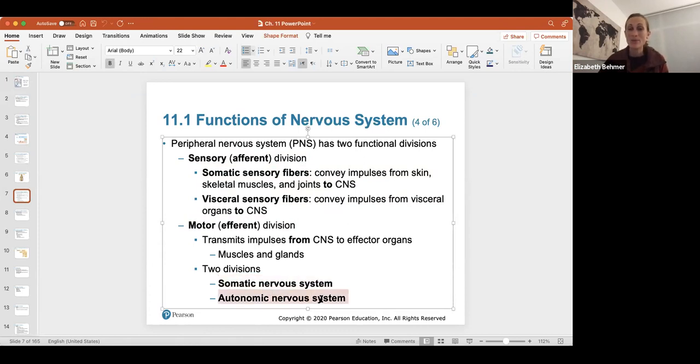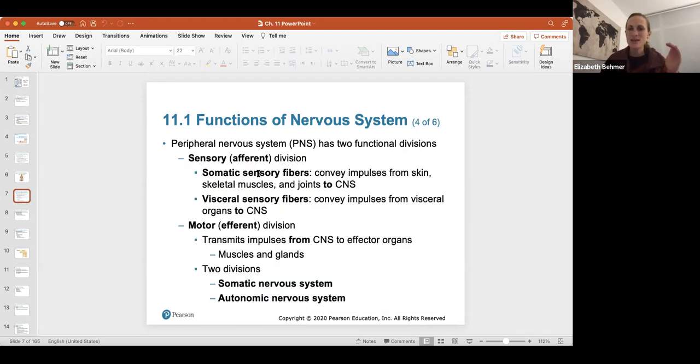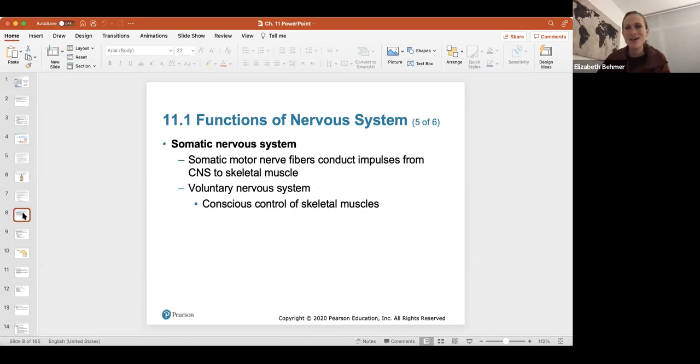These are things that happen subconsciously, out of your control, and we'll talk about that. If you just joined us, there will be at least 2 or 3 questions based on understanding the differences between the sensory division and the motor division and the subdivisions of each. So spend some time studying these slides for the lecture exam.